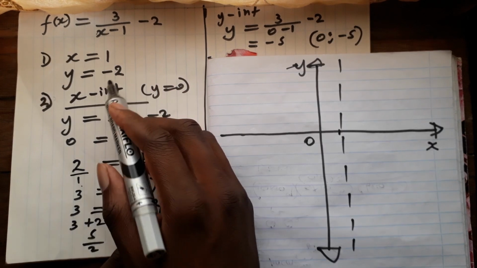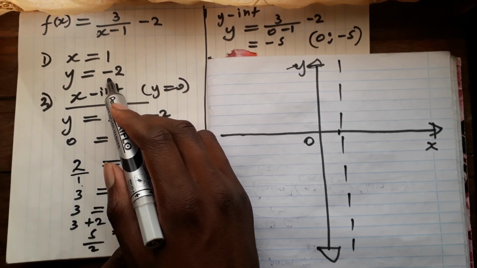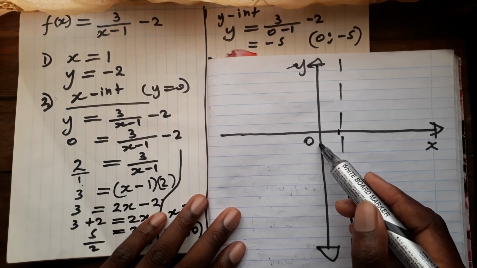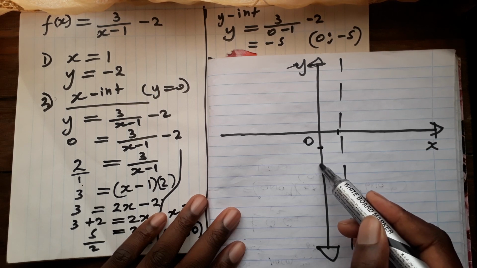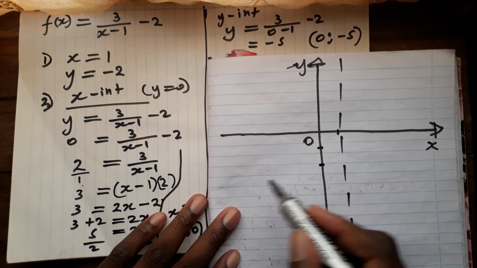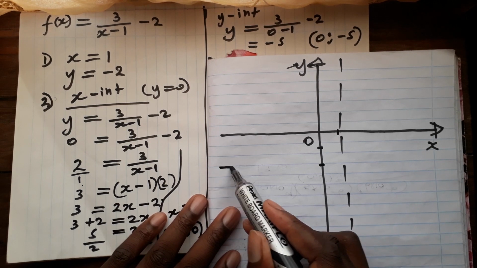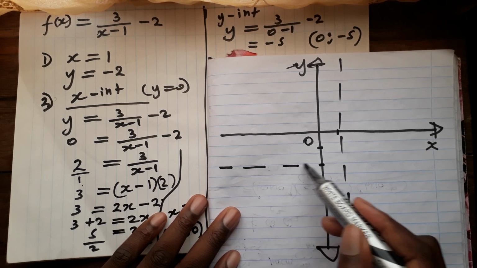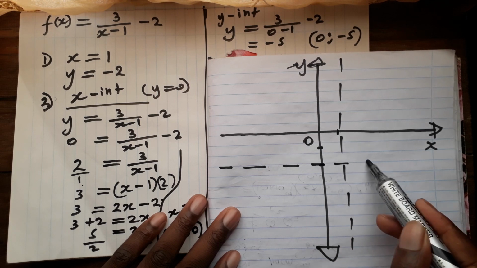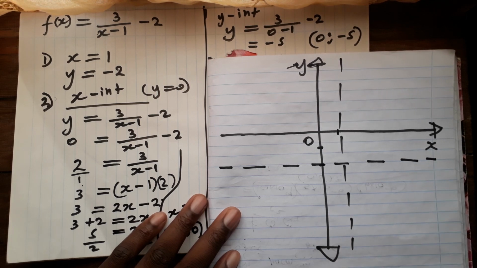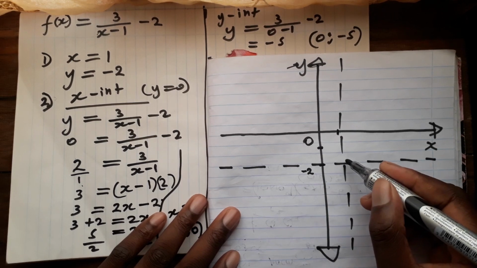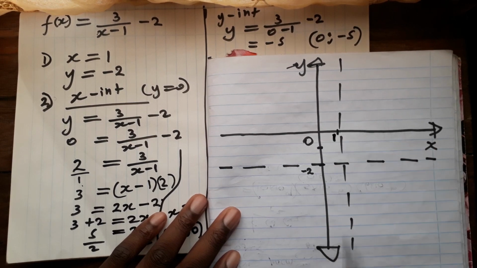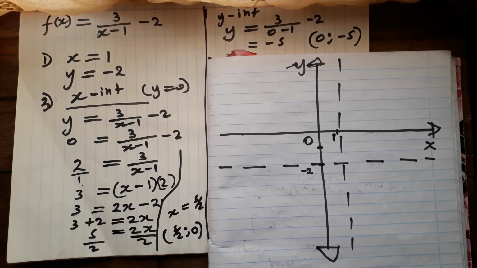And then the horizontal asymptote is -2. If this is -1, -2 will be somewhere here. And then this is -2, this is 1. And then let's go to the x-intercept.